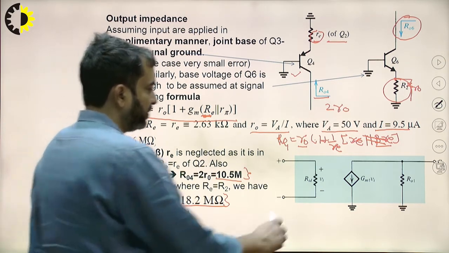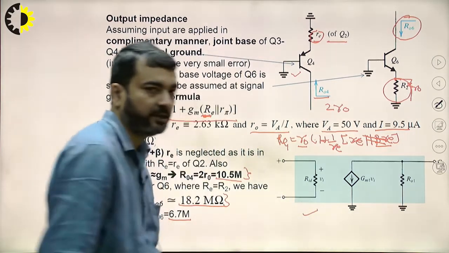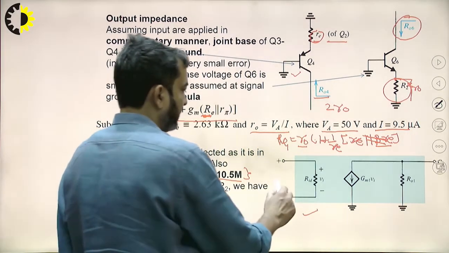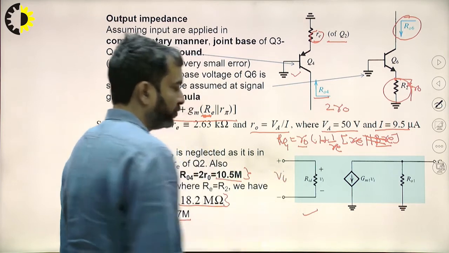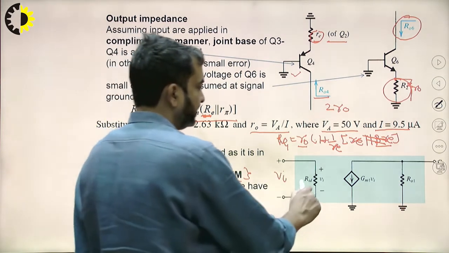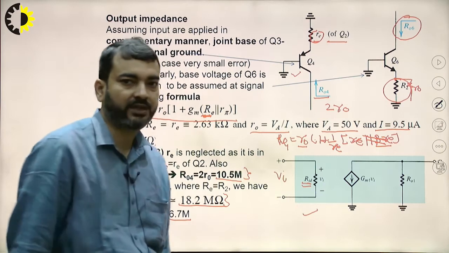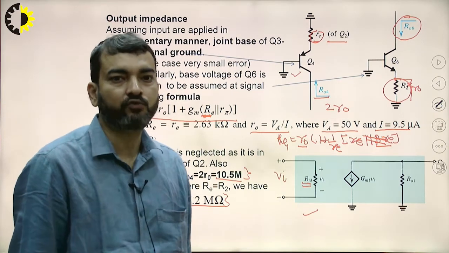And this is the equivalent diagram of the input stage. Here we have applied the differential input Vi, the input impedance Rid, which we have already calculated as approximately 2 mega ohms.